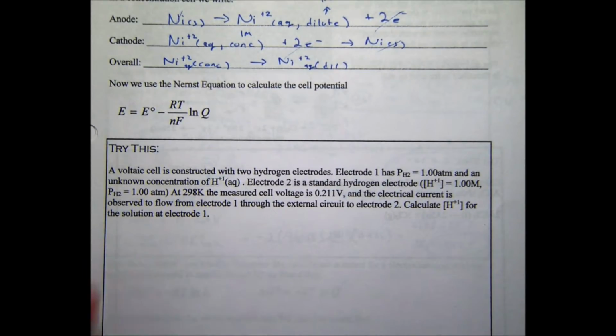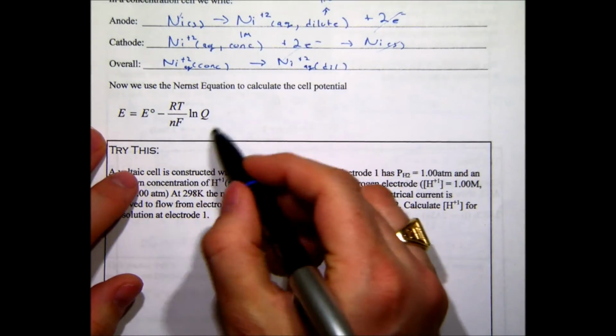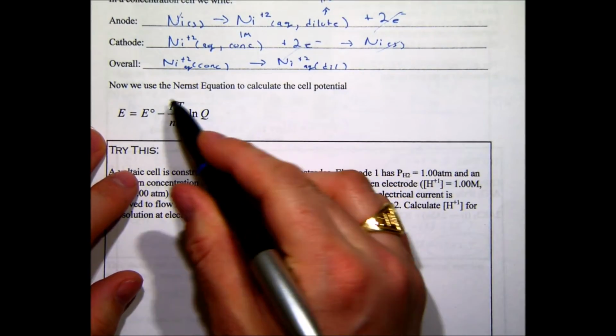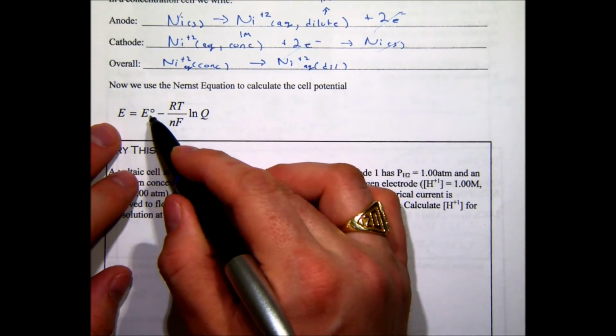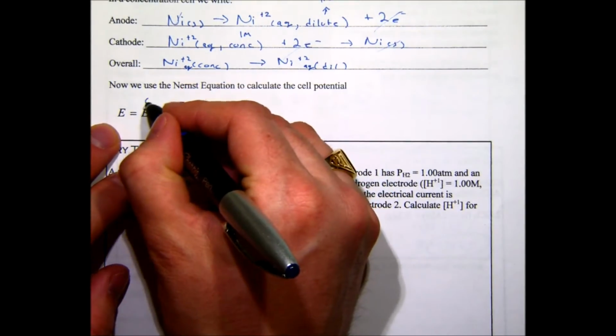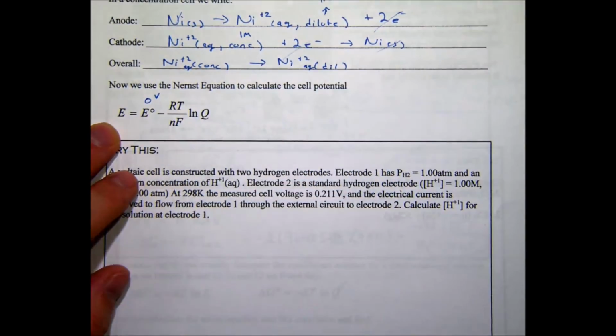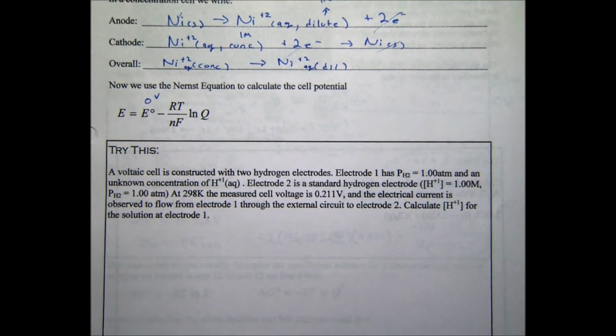When we use the Nernst equation, we are creating a new log Q, which will make E slightly different than E standard, which would normally be 0. So when we solve it, we get the 0.088 that the diagram shows.